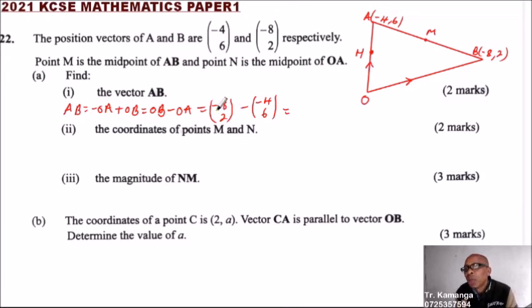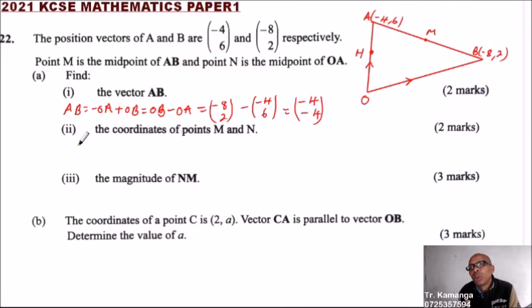This is equal to -8 minus -4, that is -8 plus 4, which gives -4, and 2 minus 6 gives -4. So that is the vector AB, which we have been asked to find.